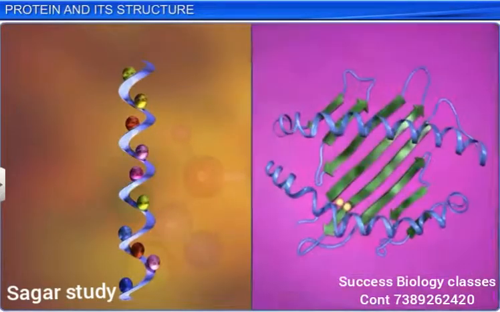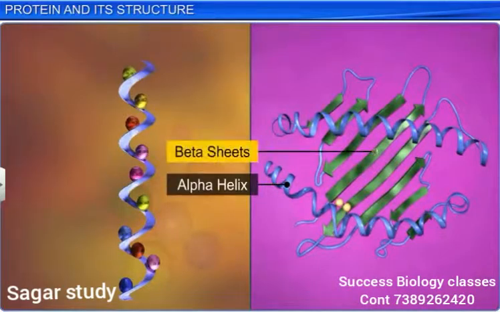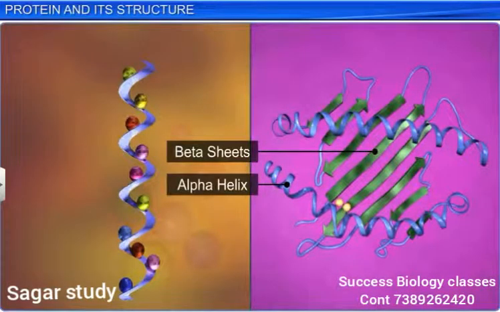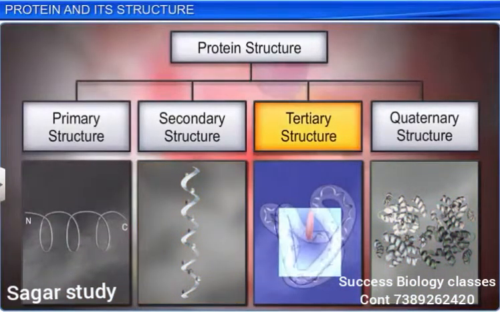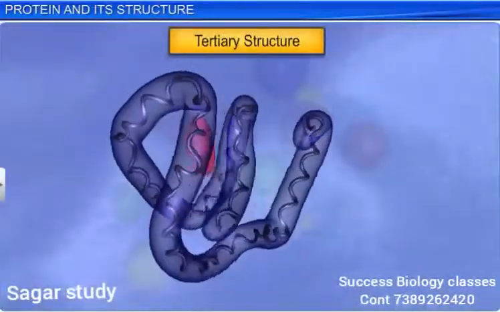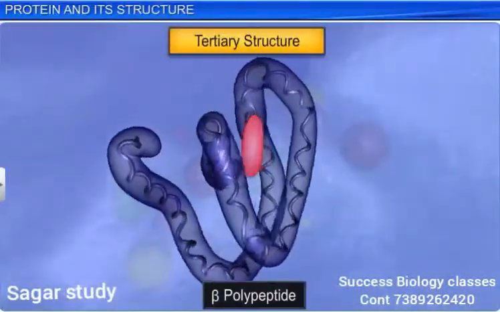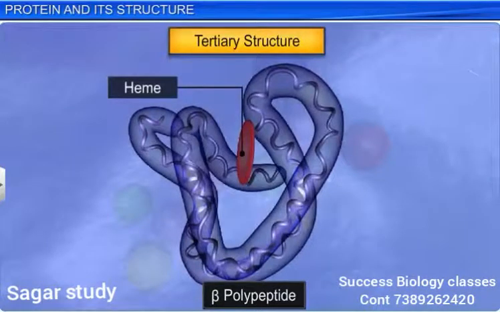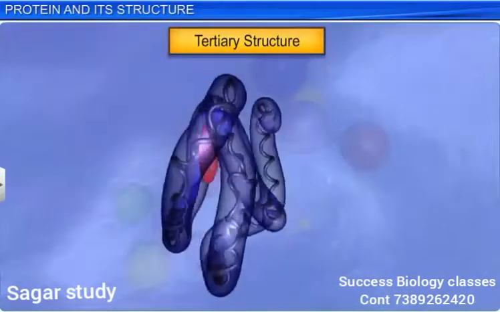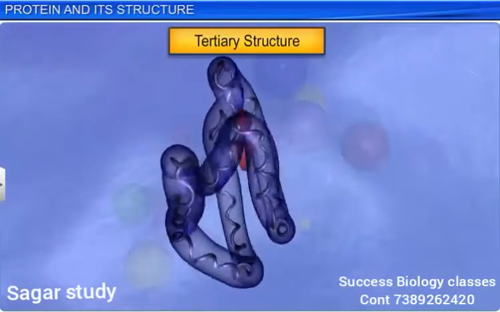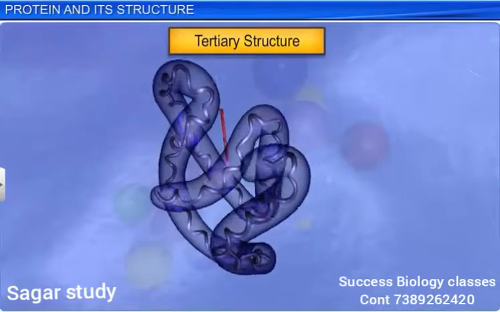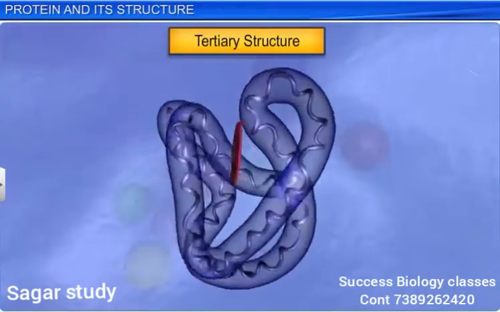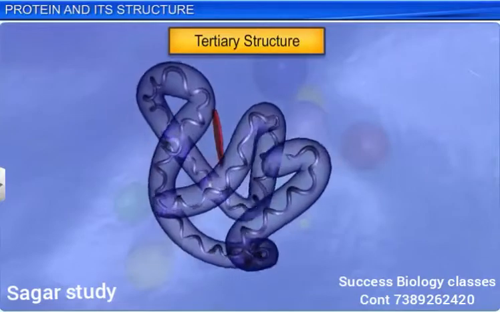It is either an alpha helix or beta sheets. The third level of protein structure is the tertiary structure. It refers to the three-dimensional structure of the entire polypeptide chain. The function of a protein, except as food, depends on its tertiary structure. If this is disrupted, the protein is said to be denatured and it loses its activity.